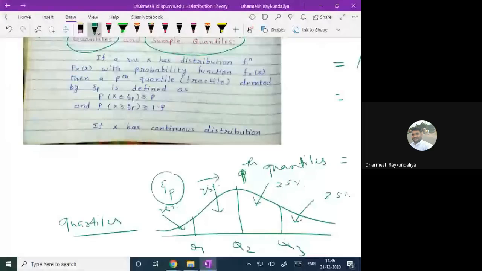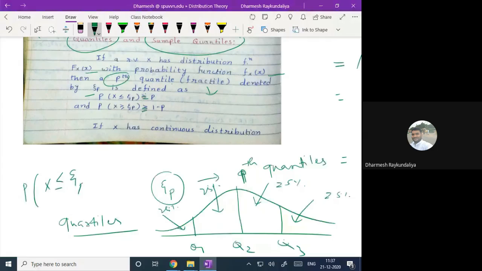Okay, so if I'm interested to find out these quantiles, or if I wish to find out the distribution of the quantiles, here it is saying that if a random variable x has the distribution function F_X with the probability function small f_X, then the pth quantile or fractile, denoted by xi_p, is given by the probability that x is less than or equal to xi_p, which is nothing but p.